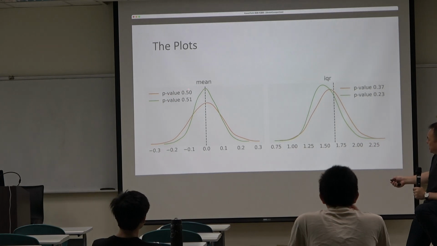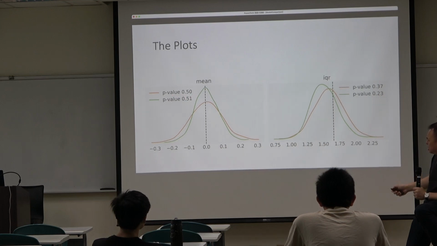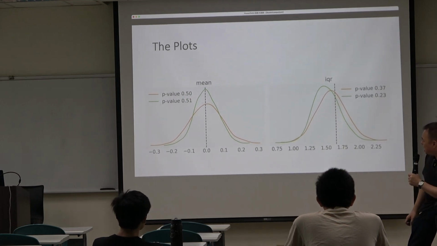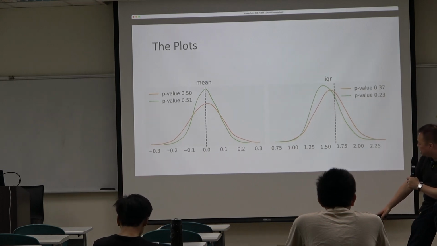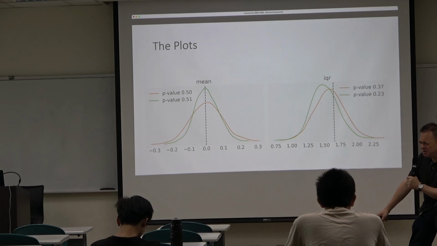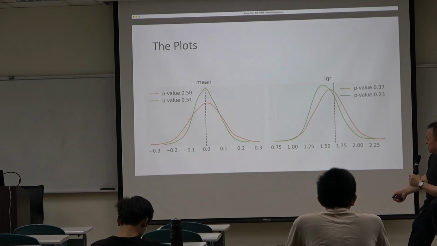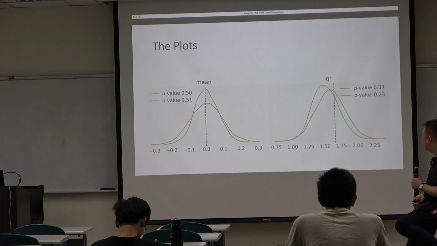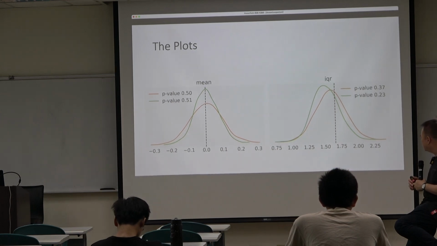If you look at the p-values, the linear model has a p-value of 0.5 for the mean, and the quadratic model has a p-value of 0.51 for the mean. The difference is very minor, just like what appeared in the figure. But on the right hand side, for the interquartile range, the p-value for the linear model is 0.37.